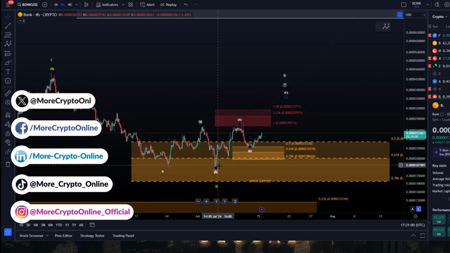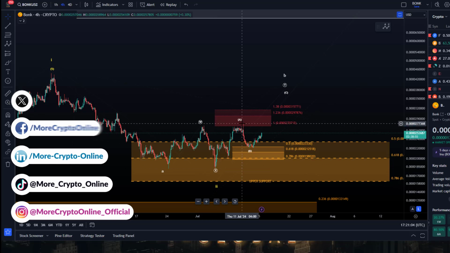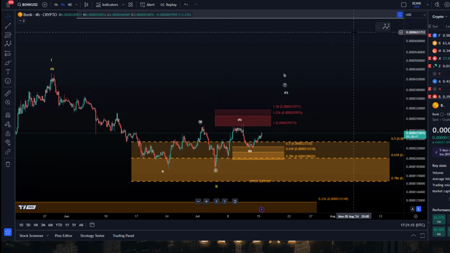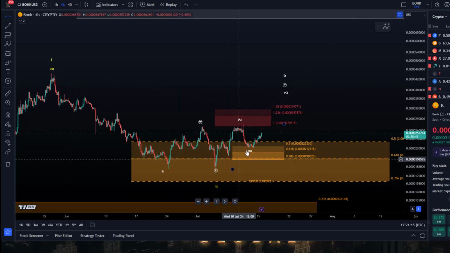Direct breakouts to the upside, of course, possible, but it's difficult with that three-wave move to the upside to really come up with a reliable, let's say, clearly bullish scenario.